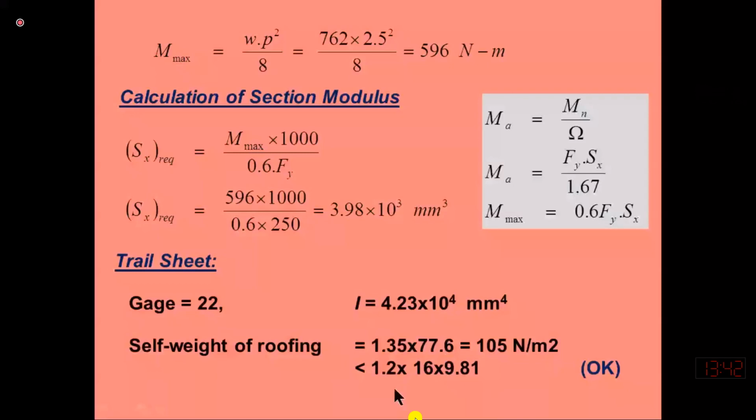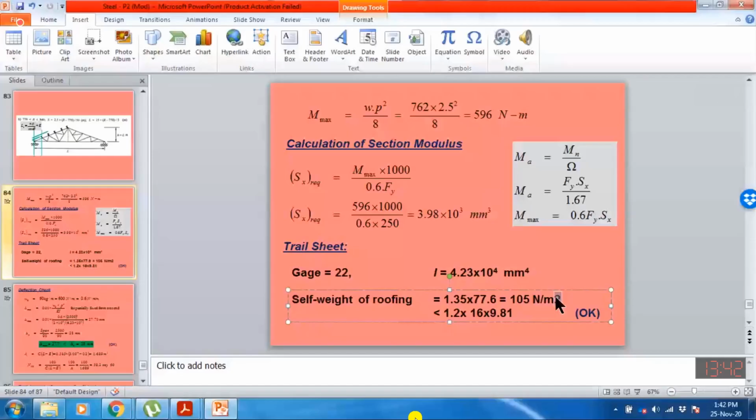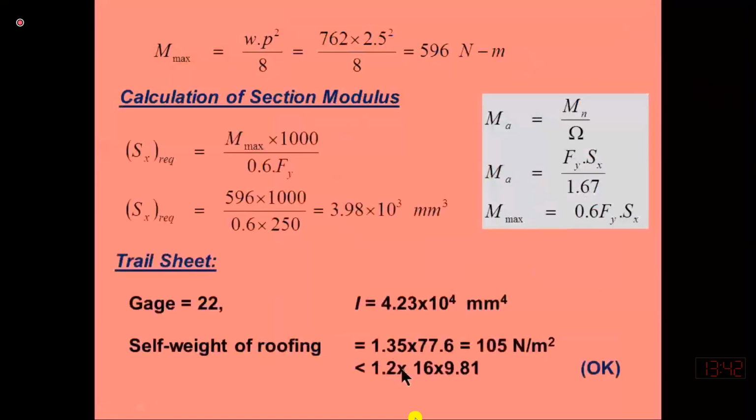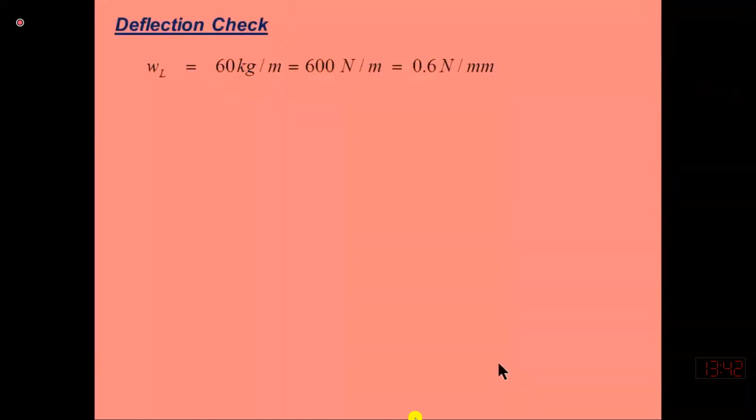So this is less, so this check is okay. This means that we have already assumed the weight on the upper side. The assumed weight was more, and the actual self weight is less. If the actual self weight comes out to be more, we need to revise the calculation by assuming the updated weight. Okay, next we will apply the deflection check.